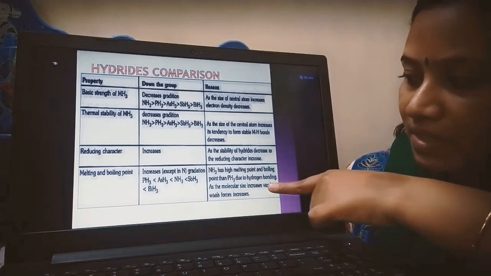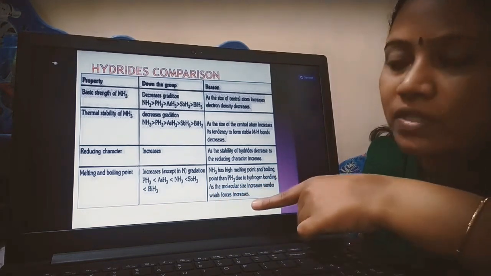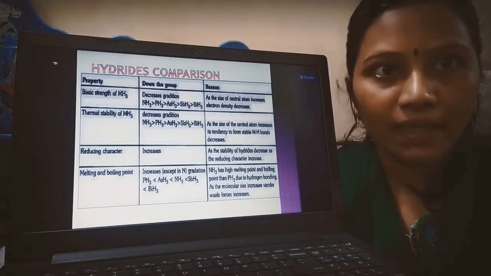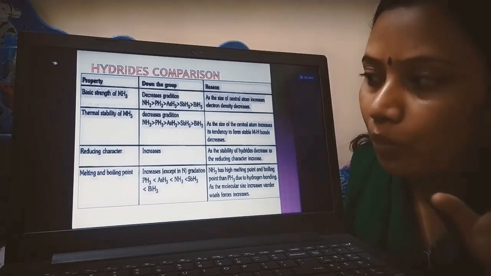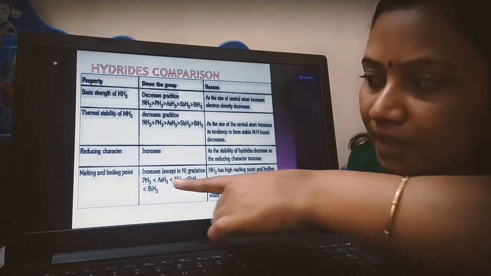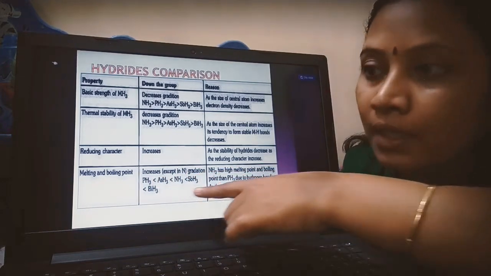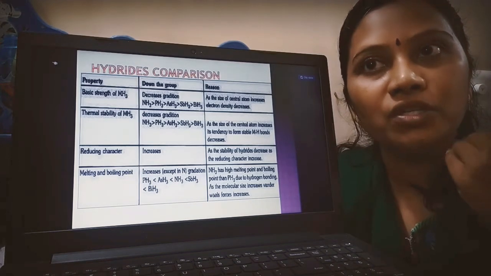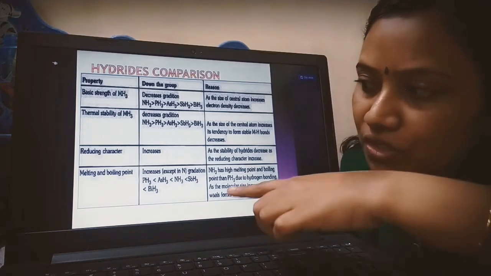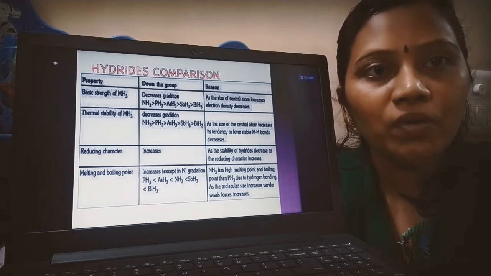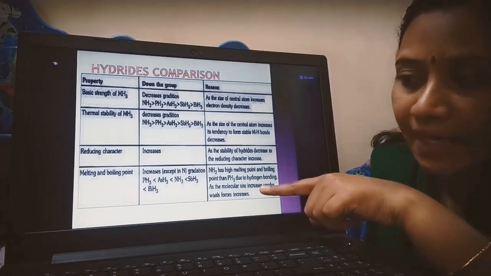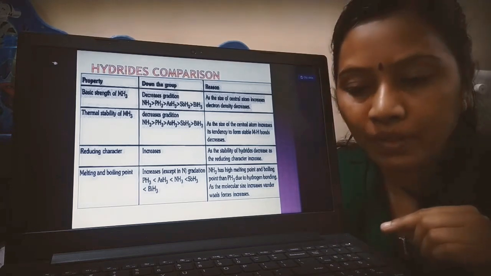As the molecular size increases, the van der Waals forces increase. This is the reason why our melting and boiling point increases, except in case of nitrogen, where the melting and boiling point is more than PH3, after which the trend is different, because of extensive hydrogen bonding.